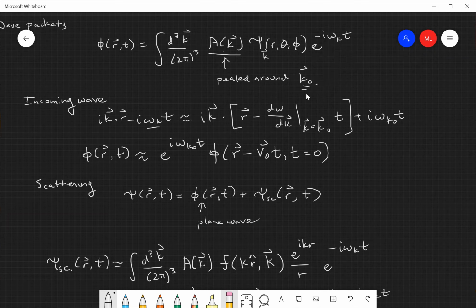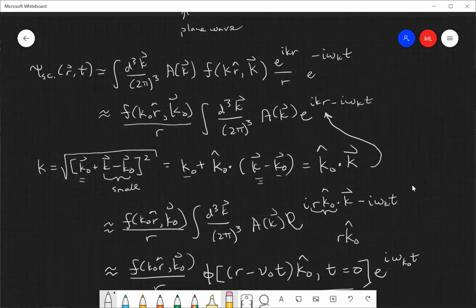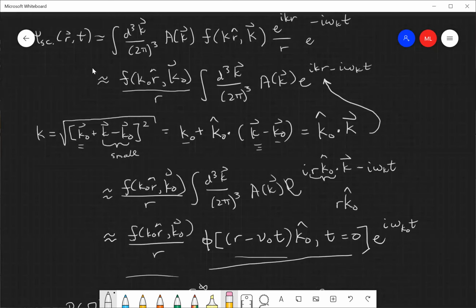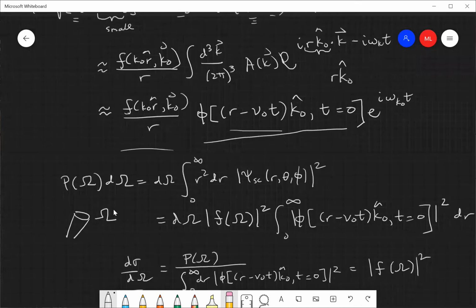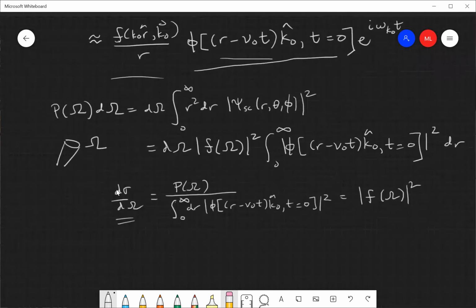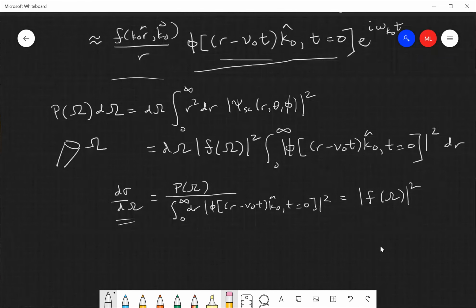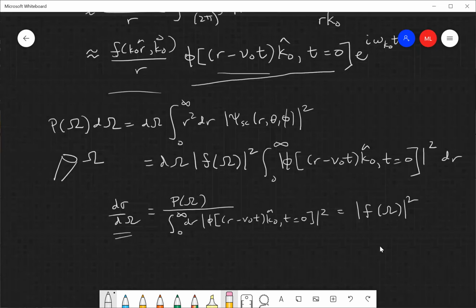You can just expand these phase factors around the incoming momentum, and what you get is the same sort of deal: your time-dependent scattered wave function is just going to be proportional to the scattering amplitude, which just comes out of the integral. So if you're calculating a cross section, it still works out to be just equal to the scattering amplitude squared.